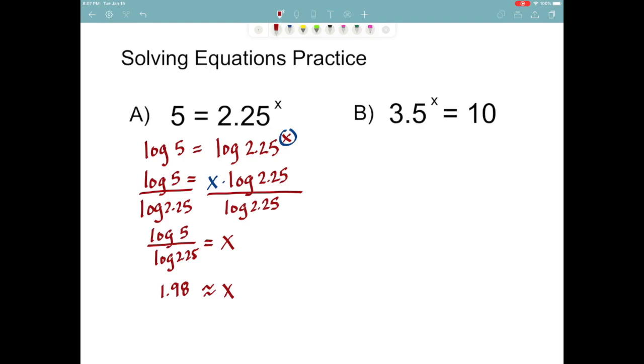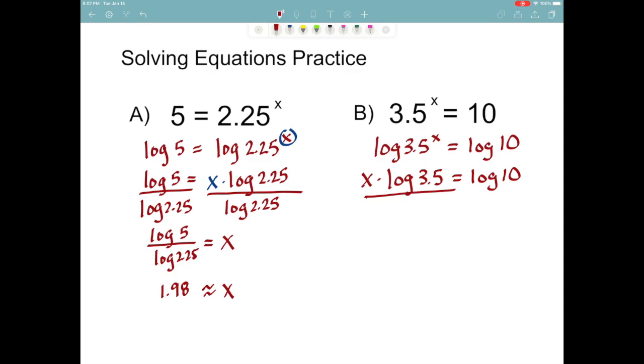So we're gonna do log of 3.5 to the power of x equals the log of 10. Apply the power property, moving the x out in front. So it's x times log of 3.5 equals log of 10. Divide each side. So x is equal to log of 10 divided by log of 3.5.